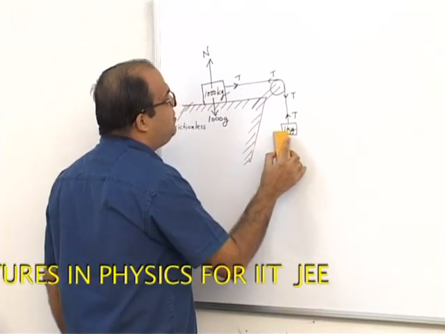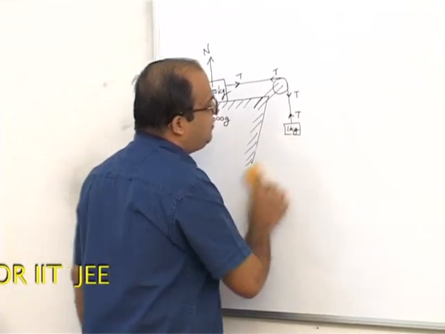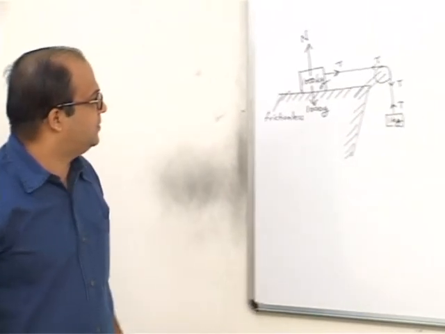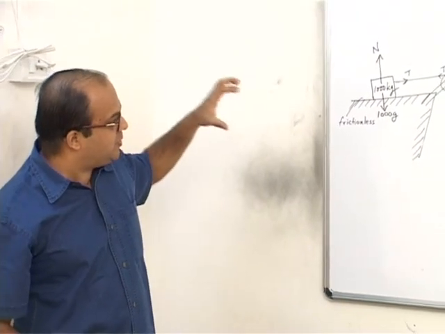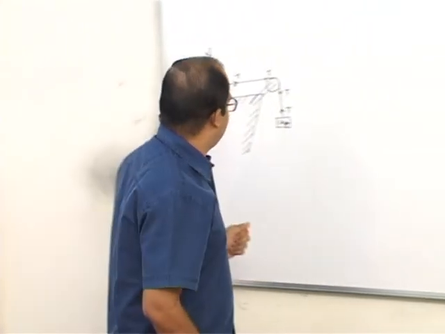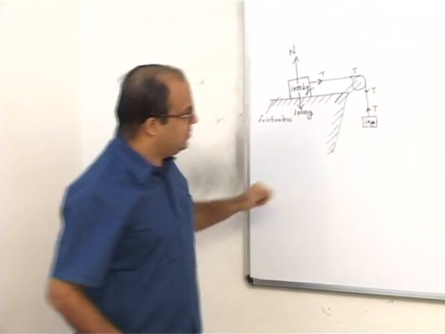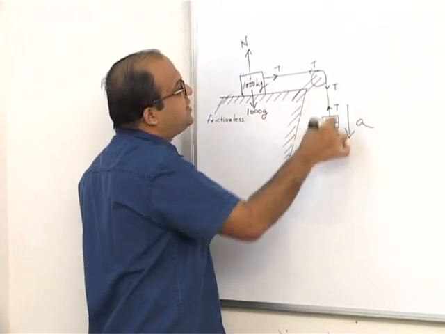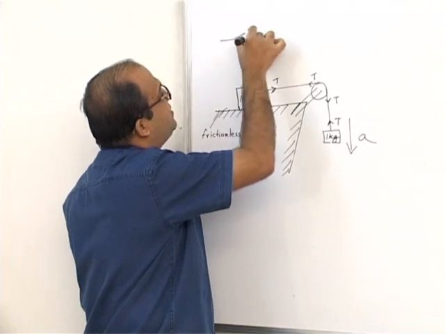So forces in perpendicular directions don't affect each other directly. But there is a mathematical relationship between normal reaction and friction that we will study later. So this weight is acting down, so this will accelerate down, and because it is connected by a string, this will accelerate this way.